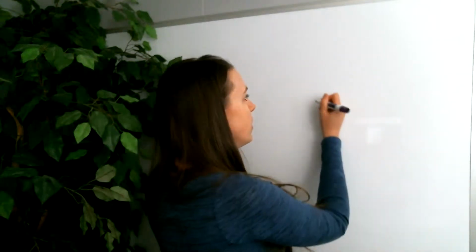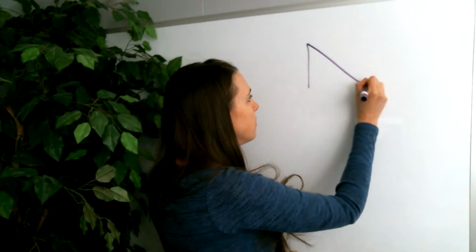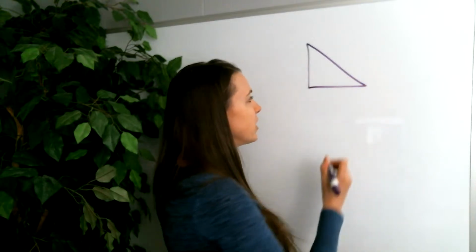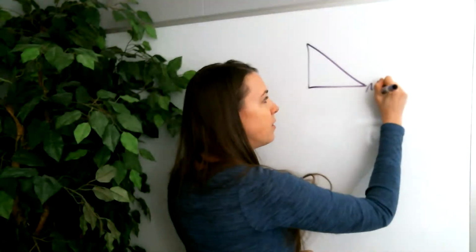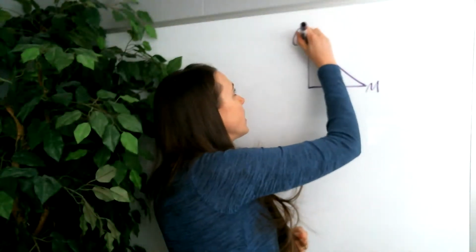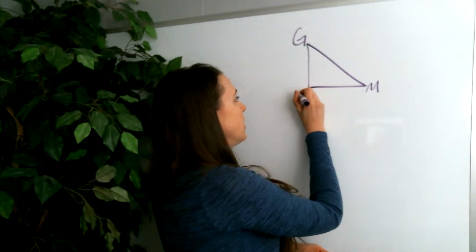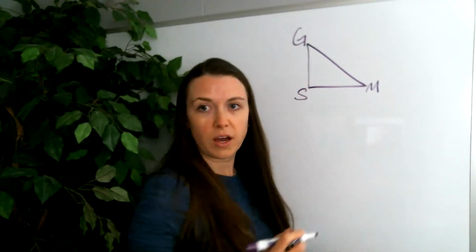All right. So here we're going to call this Michelle's house, okay? And then we're going to say up here is the grocery store, and then down here is the school, okay?